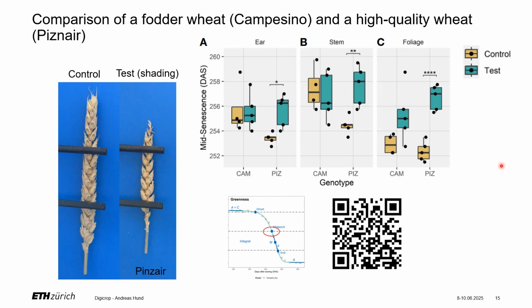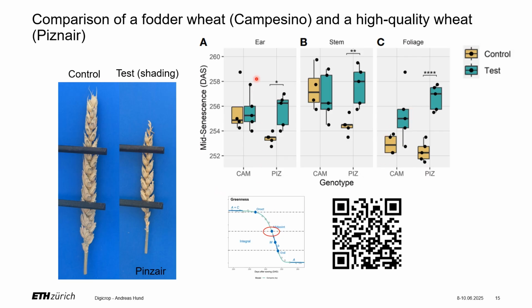Here we summarize all the different processes, the senescence of the ears, the stems, and the foliage, and we took the midpoint of this senescence dynamics, and you can now see that the genotypes in fact do differ. That means whilst the fodder wheat has almost no delay in the senescence for the ears and the stems, the leaves showed a delay.